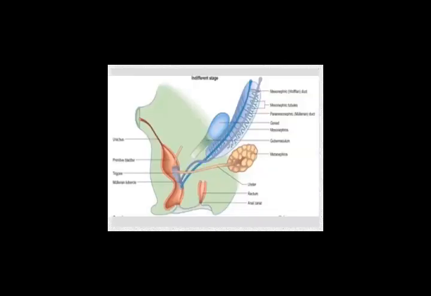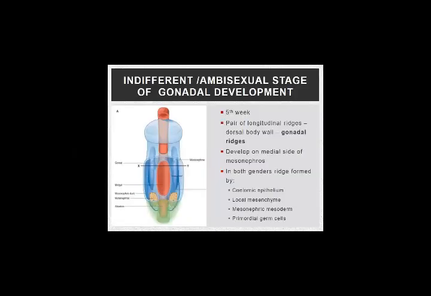Now I hope you appreciate from this diagram that the longitudinal ridges are formed medial to the developing mesonephros. Here the longitudinal ridge is the developing gonad. By gonad I mean testes in the male and ovary in the female.